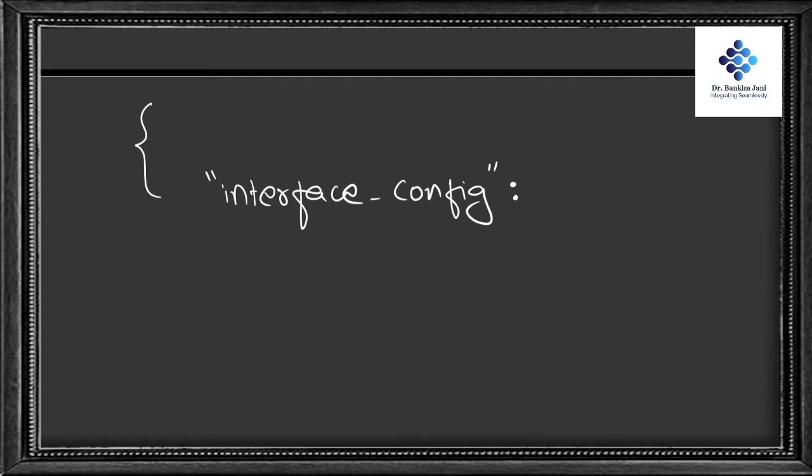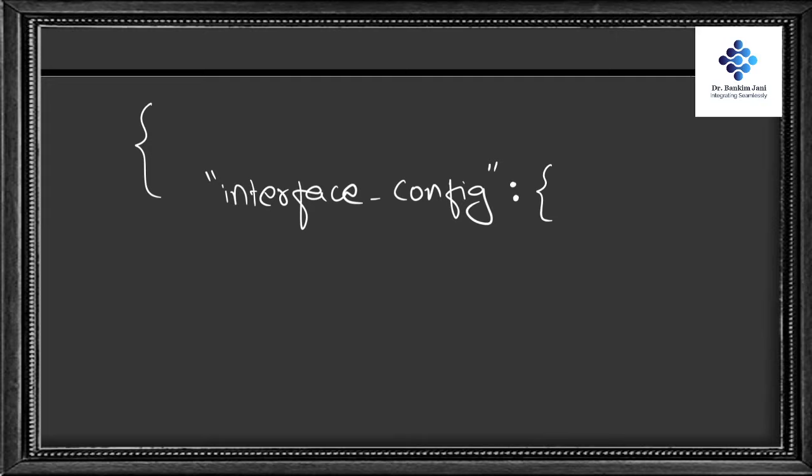So let's create something. I am drawing this curly. So this means this is a JSON object. And we say interface config. We are configuring some interface. And then again this curly.